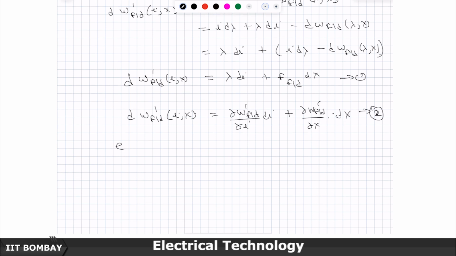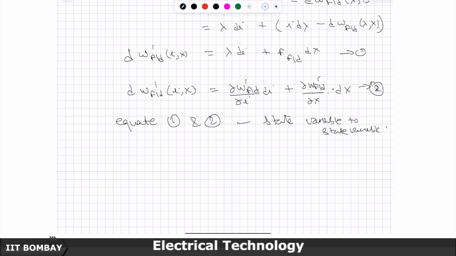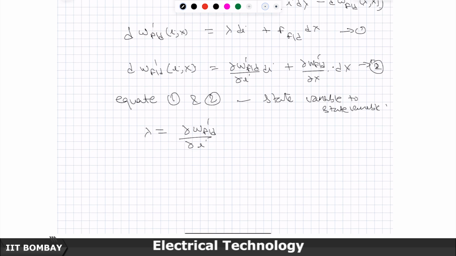If you equate 1 and 2 state variable to state variable, you will get lambda equal to the partial derivative of co-energy with respect to I. Usually we are not using this; we are more interested in the other equation, which is related to computation of the force or torque.